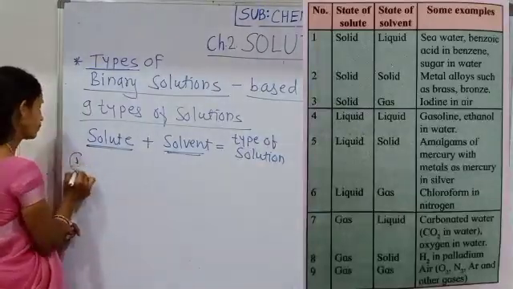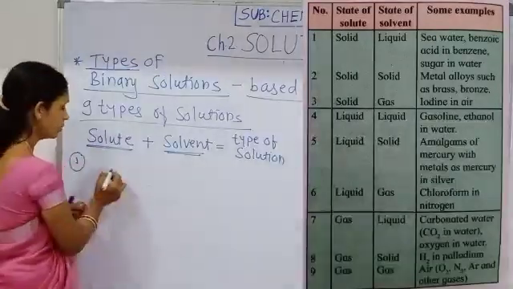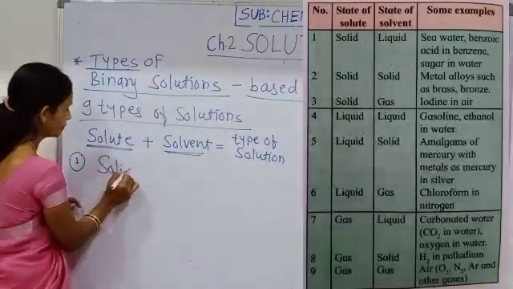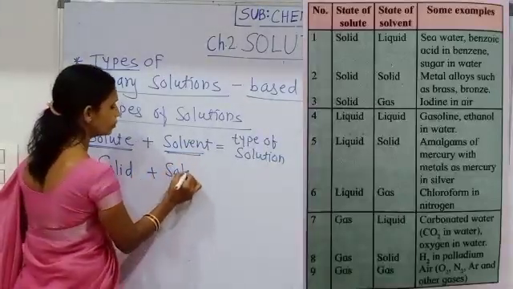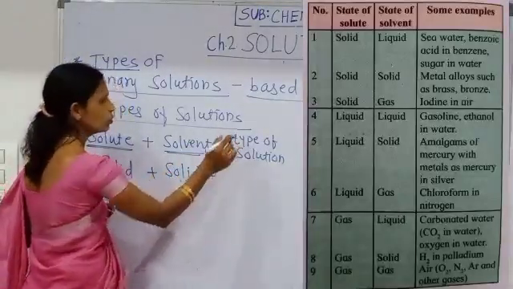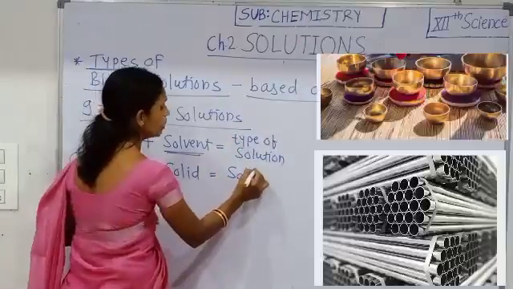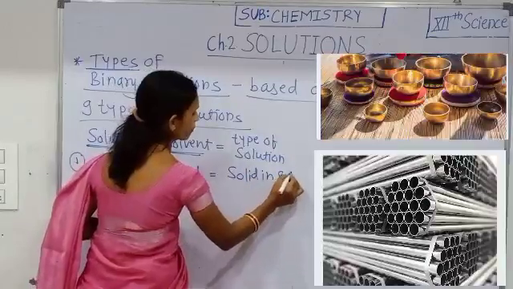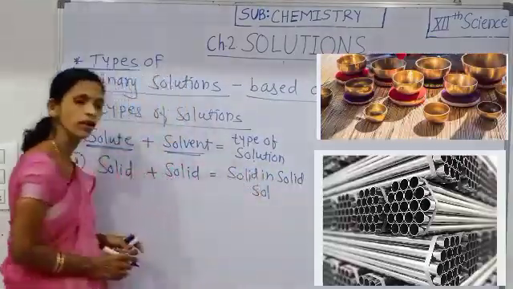First, the solute is present in solid form, and the solvent is also in solid form. Then the type of solution we get is solid in solid, which is also known as a sol.